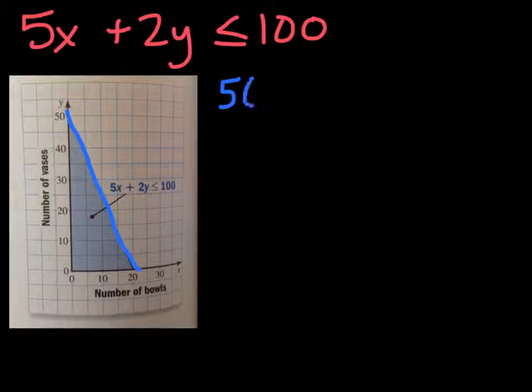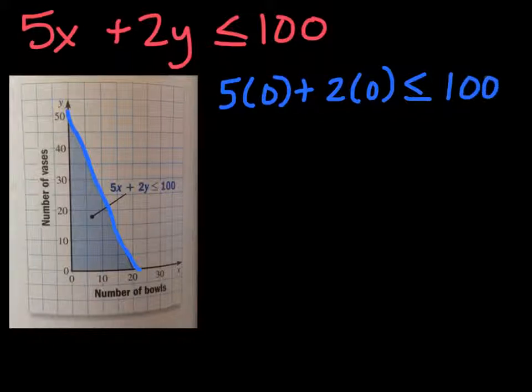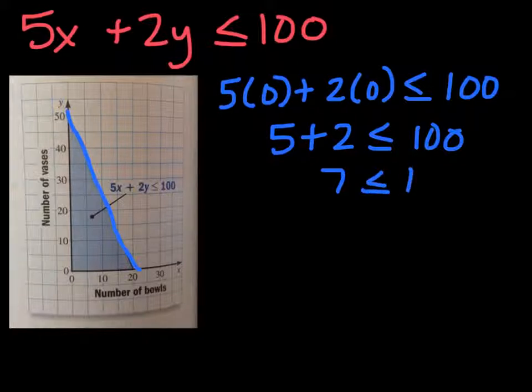So 5 times 0 plus 2 times 0 is less than or equal to 100. That would give us 0 is less than or equal to 100, and 0 is indeed less than 100. So we shade this half that contains (0, 0), because that contains all of our possible solutions.